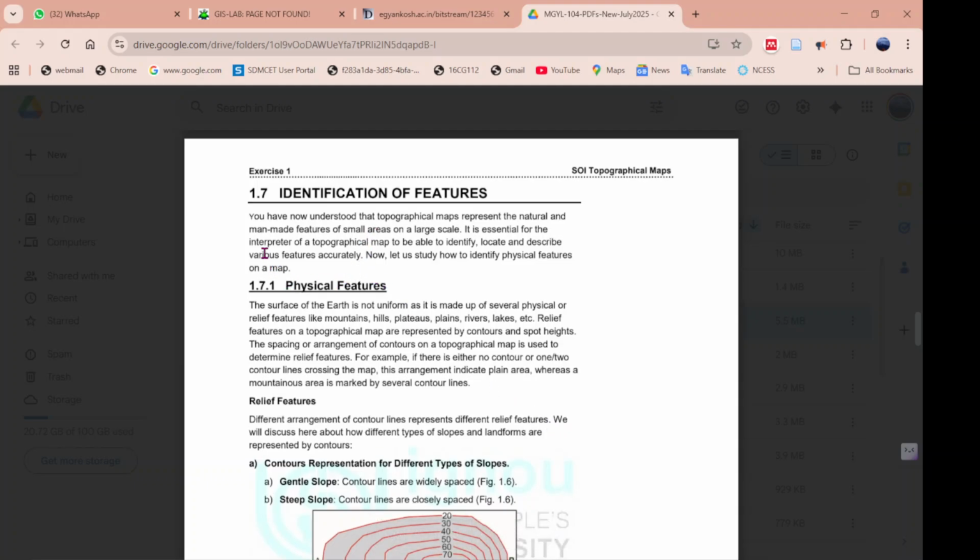Identification of features. You have now understood that topographical maps represent the natural and man-made features of small areas on a large scale. It is essential for the interpreter of a topographical map to be able to identify, locate, and describe various features accurately. Now let us study how to identify physical features on a map.